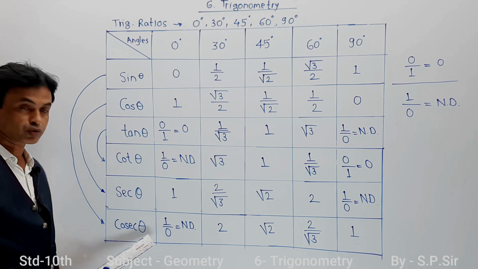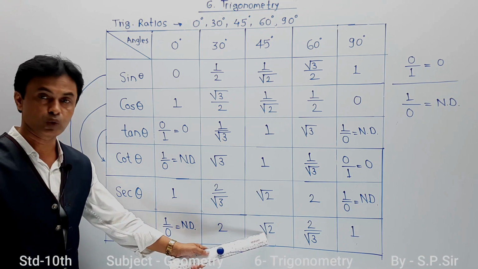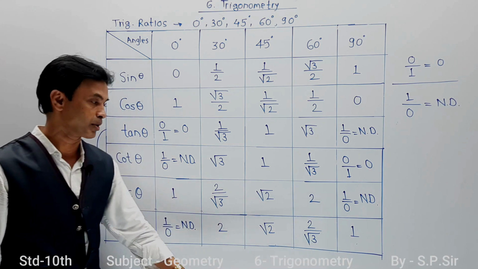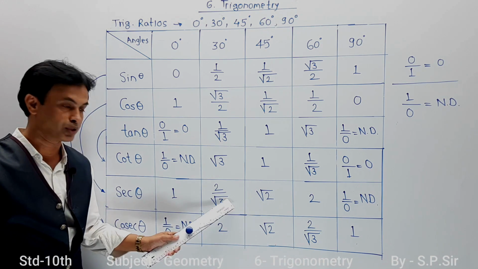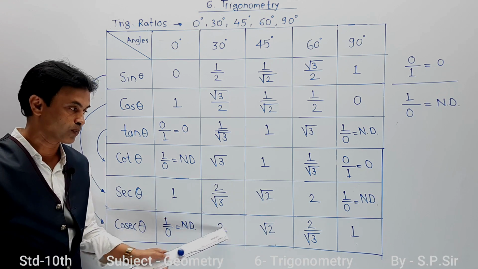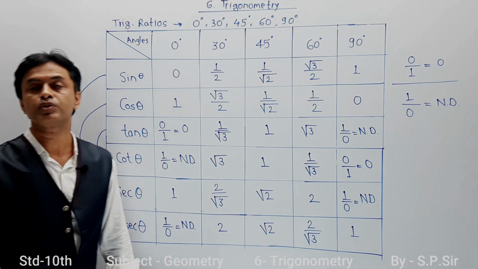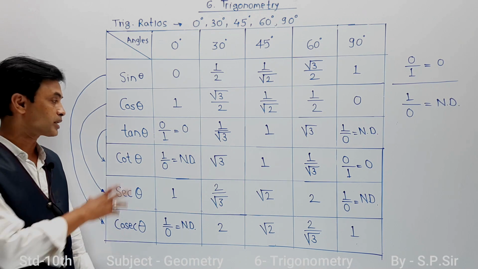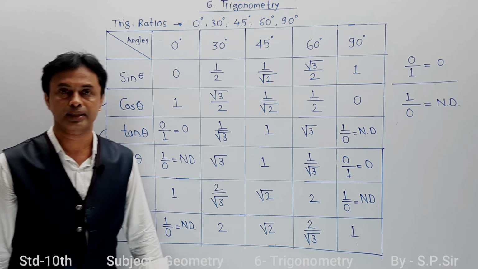For cosec, I take 1 by 0, meaning not defined, 2, root 2, 2 by root 3, 1. You will get the same reverse order. For sec: 1, 2 upon root 3, root 2, 2, and again 1 by 0, meaning not defined. You can check not only this series but also that series, and that is why the table is written by this method. Up to this part, thank you very much.